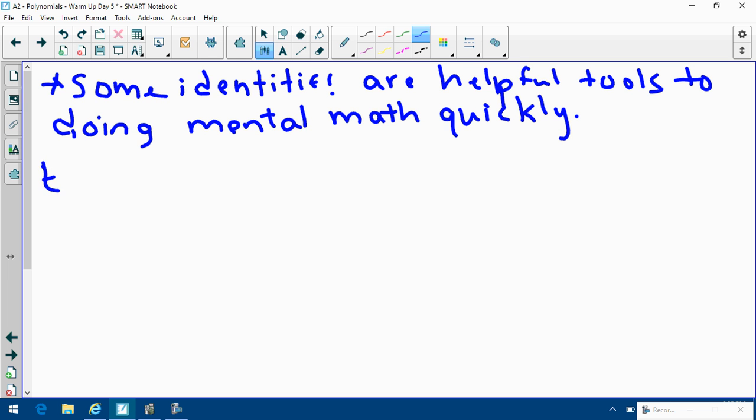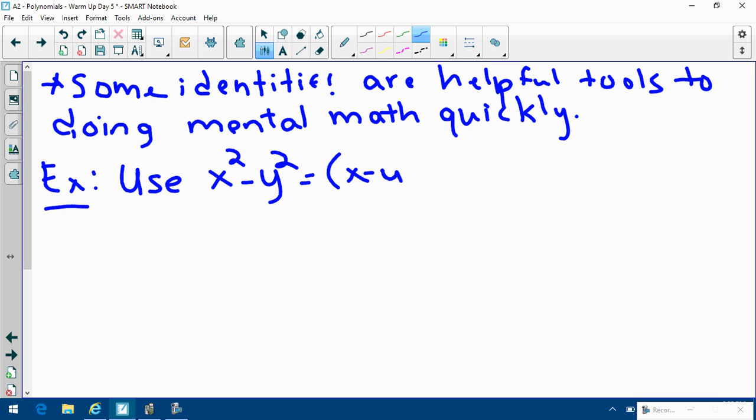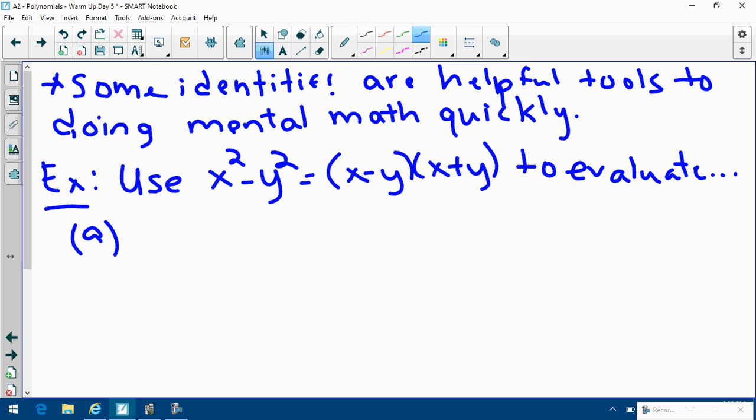So, for example, use x squared minus y squared equals x minus y times x plus y. That's an identity that we know to evaluate. And first, I want to evaluate 50 squared minus 49 squared.